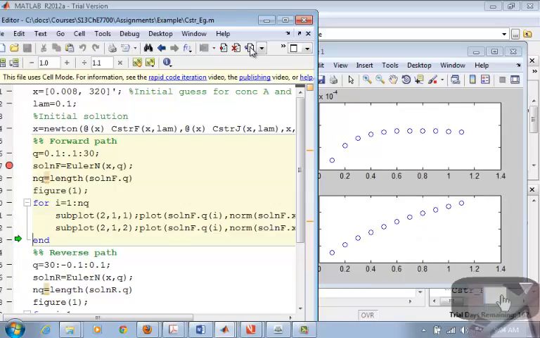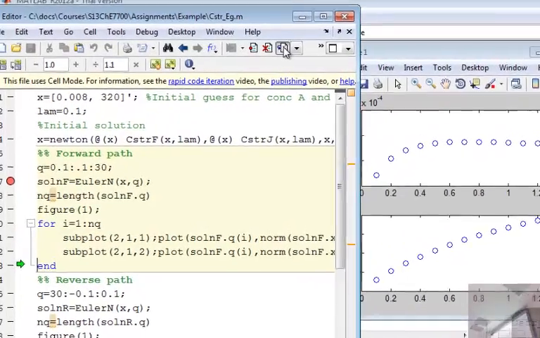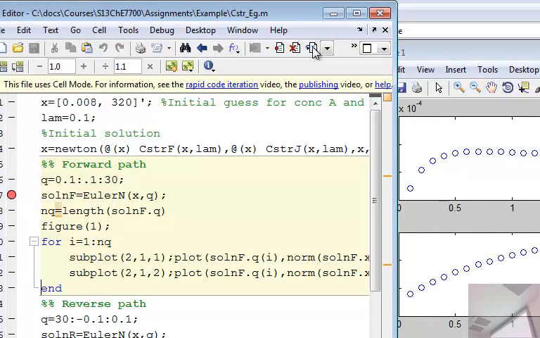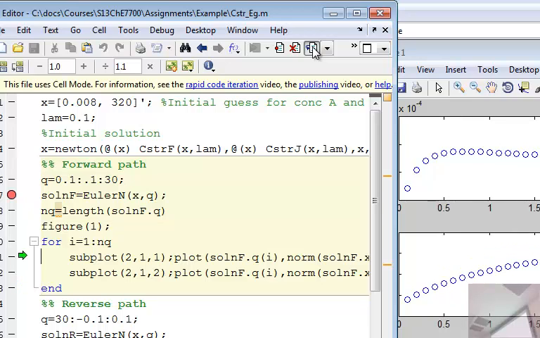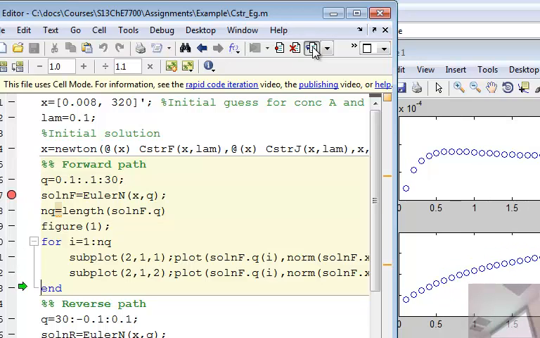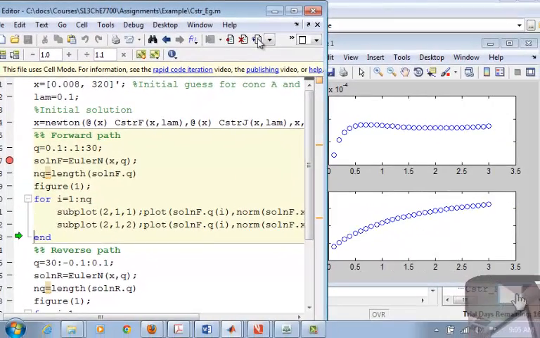And it automatically scales the axis. And you'll find that around 7 or so, it should jump. Let me set a breakpoint there, and then continue.